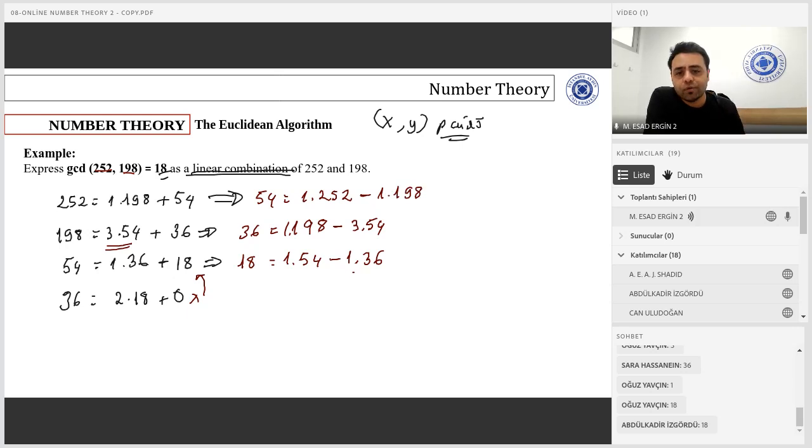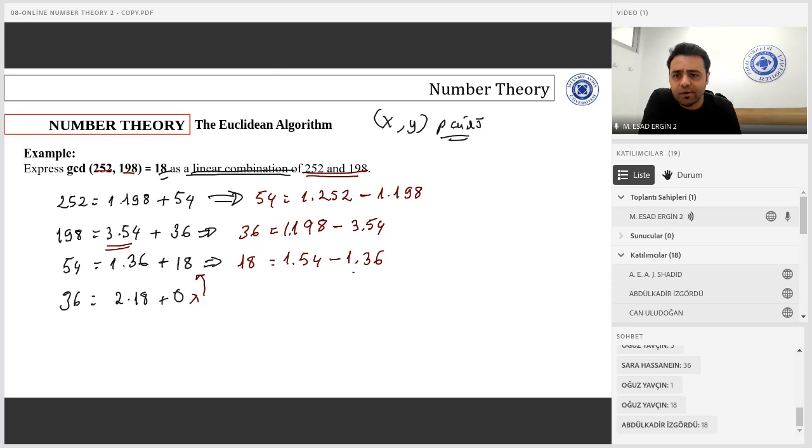In this case, if we try to find the linear combination of these two, it means we have to find the coefficients of these two integers. So this is the previous step. Now we are going to check if the remainder is the same.